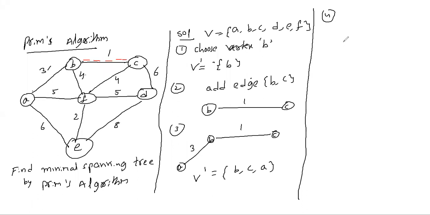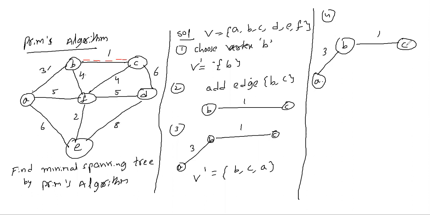B, C, A added. Okay. This weight is 1, this weight is 3. So next, you take any one of A or B or C, and you add the edge which has the smallest value.